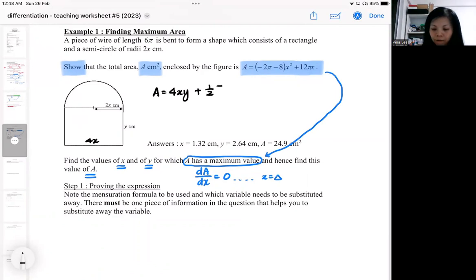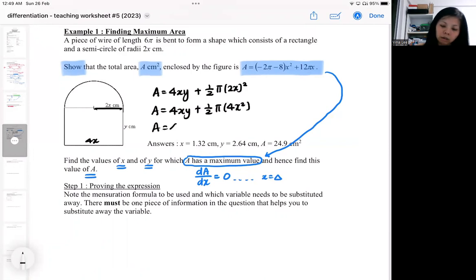Semicircle will be half pi r squared. The r is 2x. So if you try to explore the area, you realize that the area has two variables.